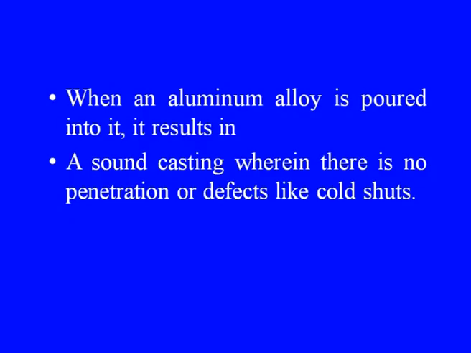When an aluminum alloy is poured into it, it results in a sound casting wherein there is no penetration or defects like coal soot. As we know, coal soot is a big problem associated with castings. This is considered to be a defect in casting, and this can be identified with this.